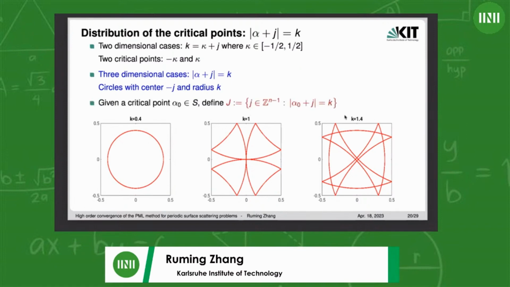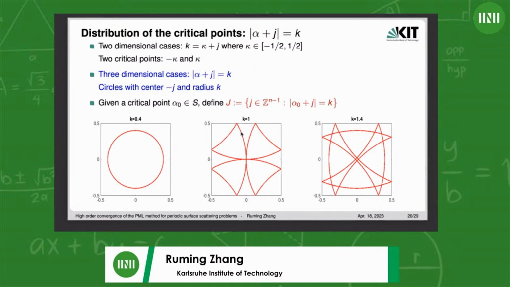So in this case we have to deal with these cases. Any point alpha 0, so the critical points, they are lying on the red curves. So alpha in here, they are on the red curves. For each alpha 0, we define the set G. The set G denotes the index of the curves passing through alpha.